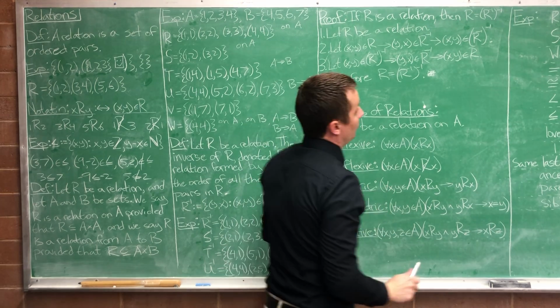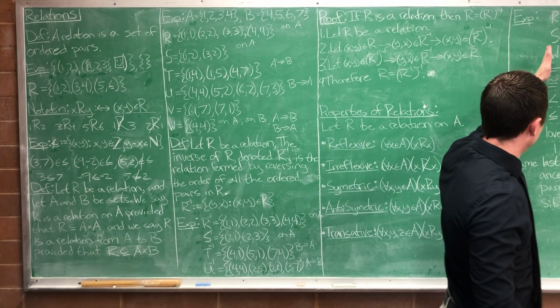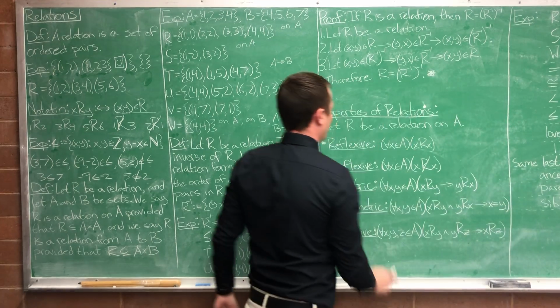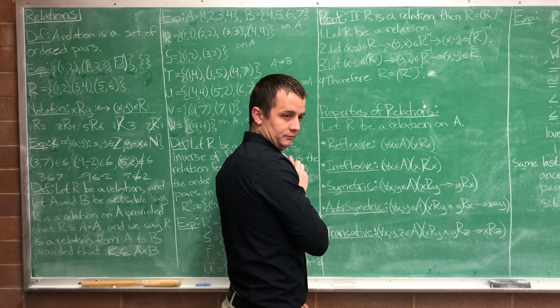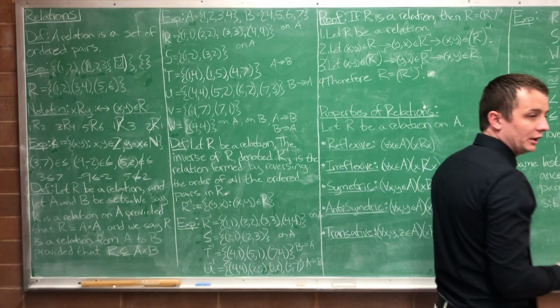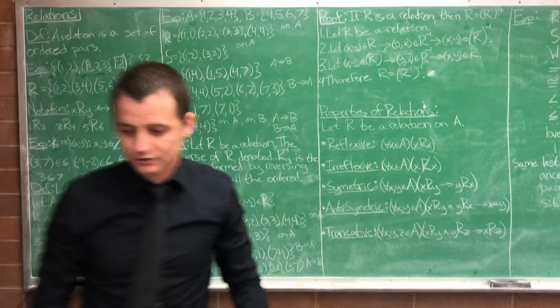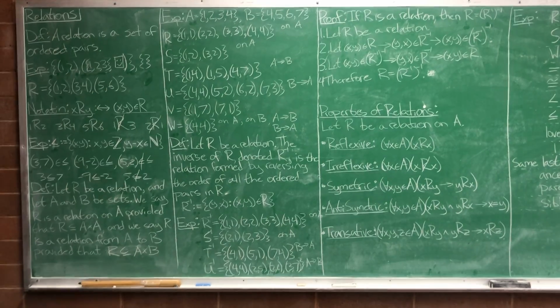Okay. So here's a bunch of examples of relations. We're going to identify which of those relations are reflexive. So let's make sure that we understand each of these. I'm going to go off the screen. Good thing I caught that.